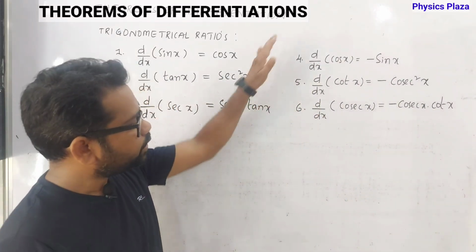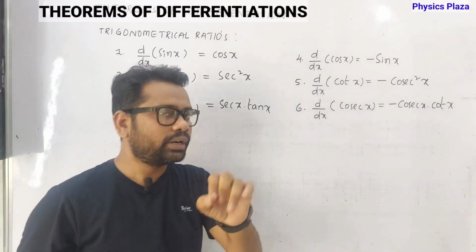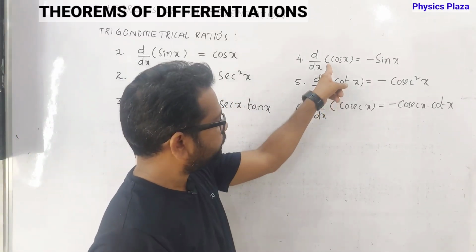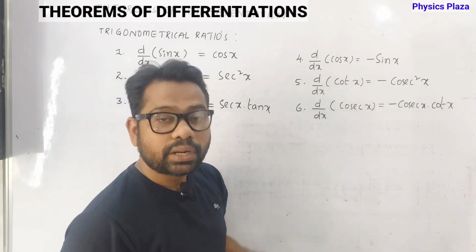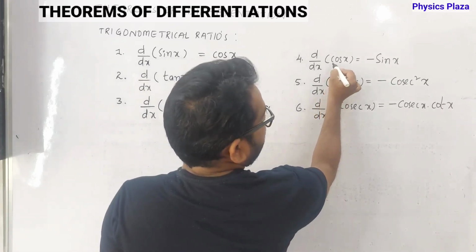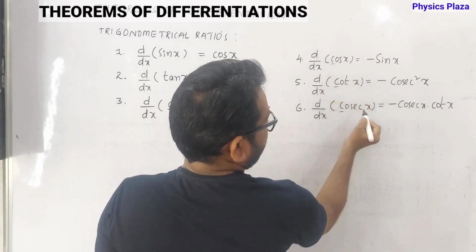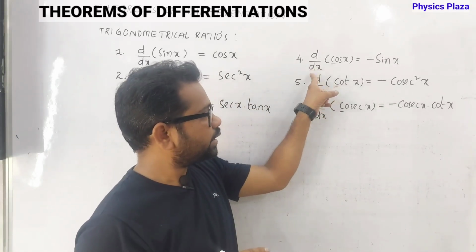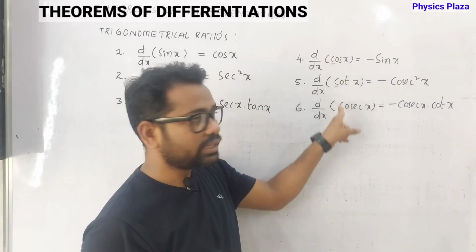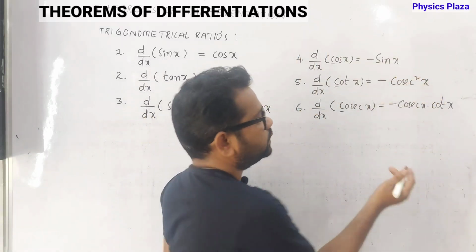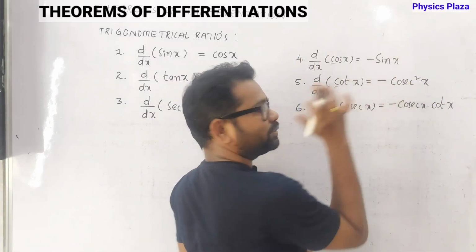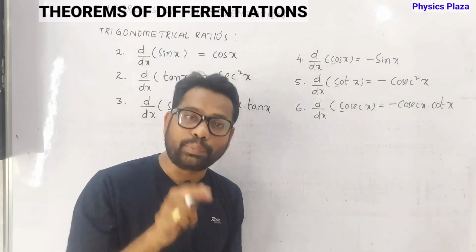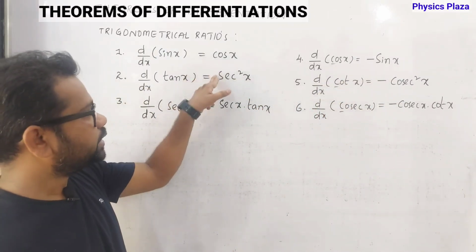Now children, why I wrote separately here, there is a small trick. These are all the differential quotients of the trigonometric ratios which start with the letter C. Why am I writing this here? The differential quotients of trigonometric ratios which start with the letter C, in their result a negative sign will be there. It is very important, whereas here a negative sign won't be there.